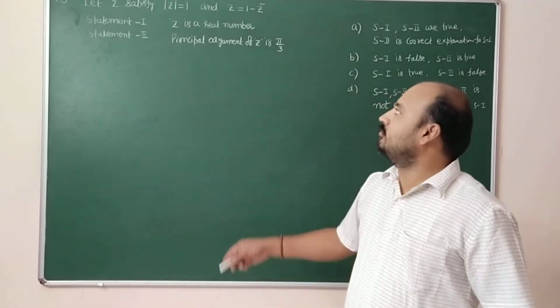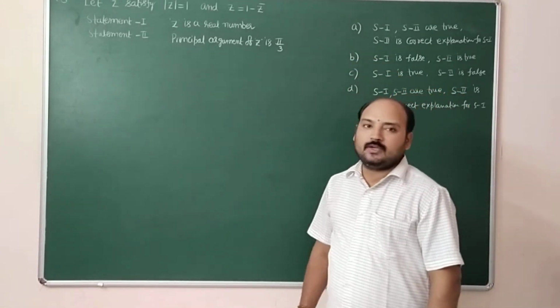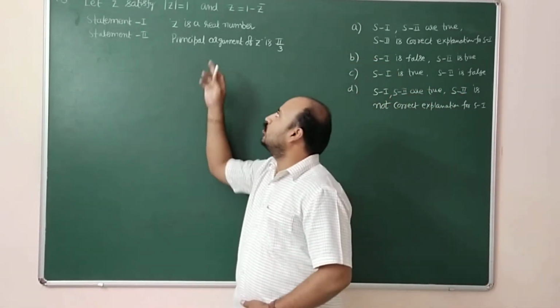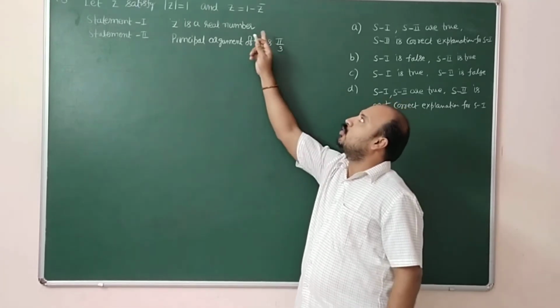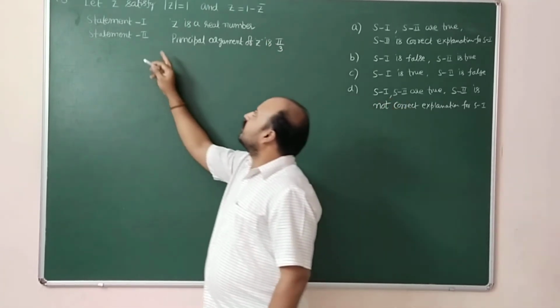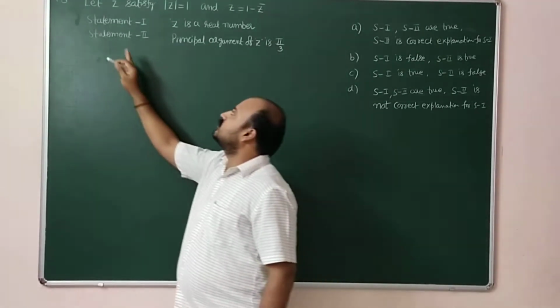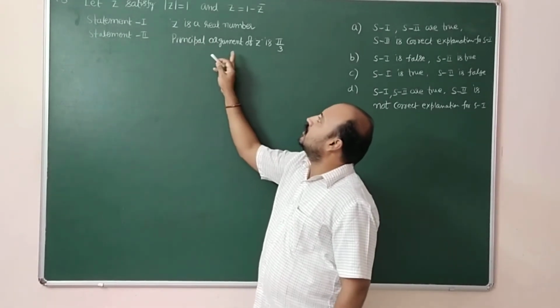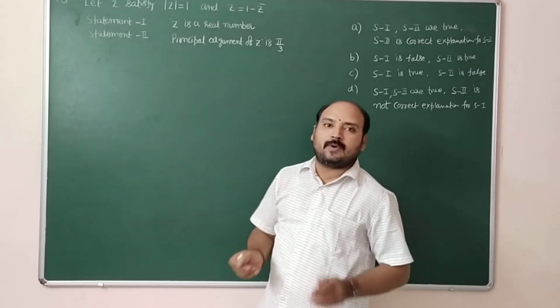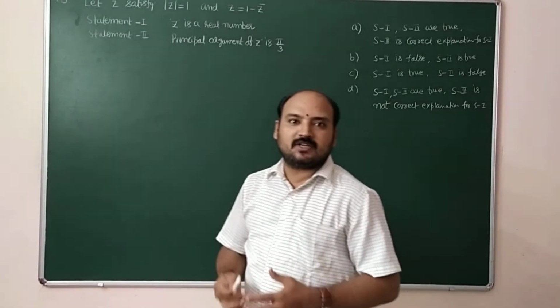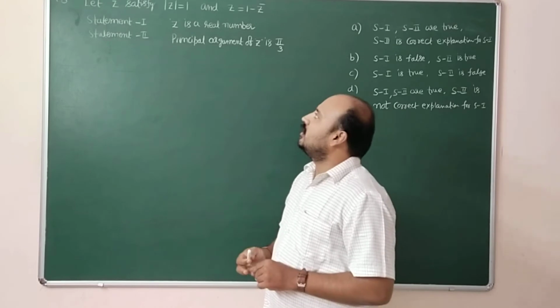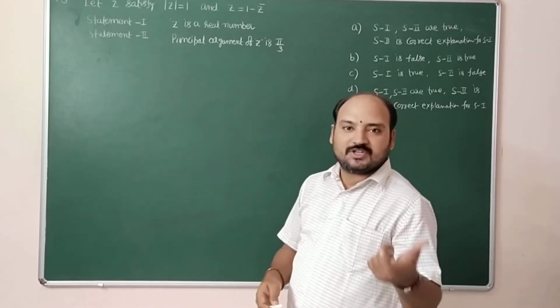Next question. Let z satisfy mod z is equal to 1 and z equal to 1 minus z bar. Statement 1: z is a real number. Statement 2: principal argument of z is pi by 3. Let us check one by one. Let z satisfy mod z is equal to 1.